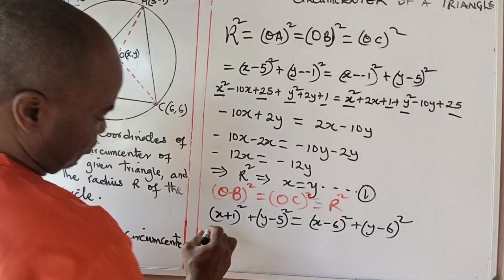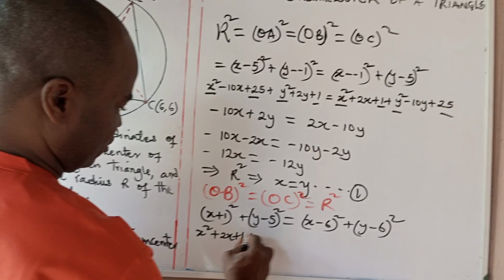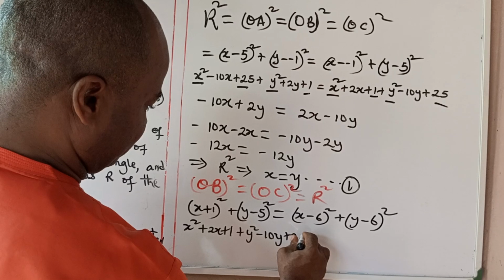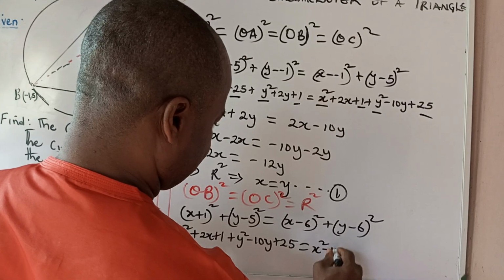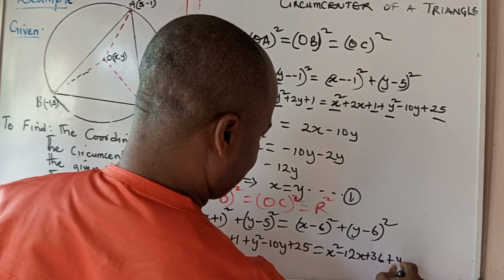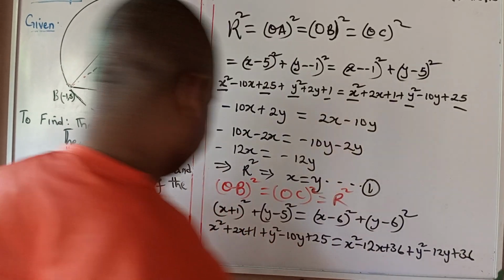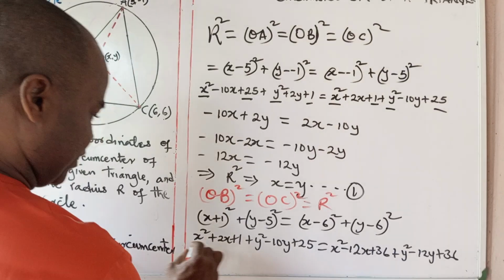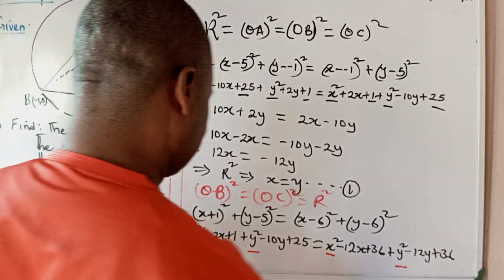Expanding this, we are going to have x squared plus 2x plus 1 plus y squared minus 10y plus 25 is equal to x squared minus 12x plus 36 plus y squared minus 12y plus 36. At this point, collecting terms using additive inverses, x squared and x squared, y squared and y squared.